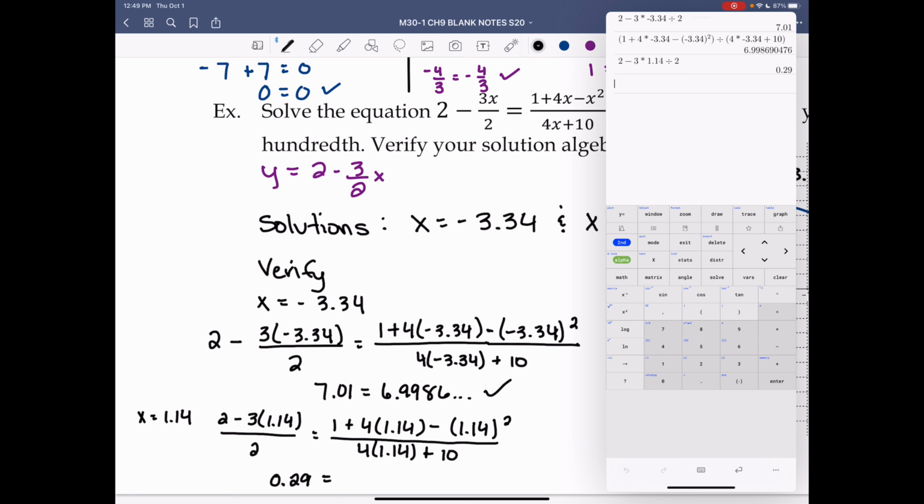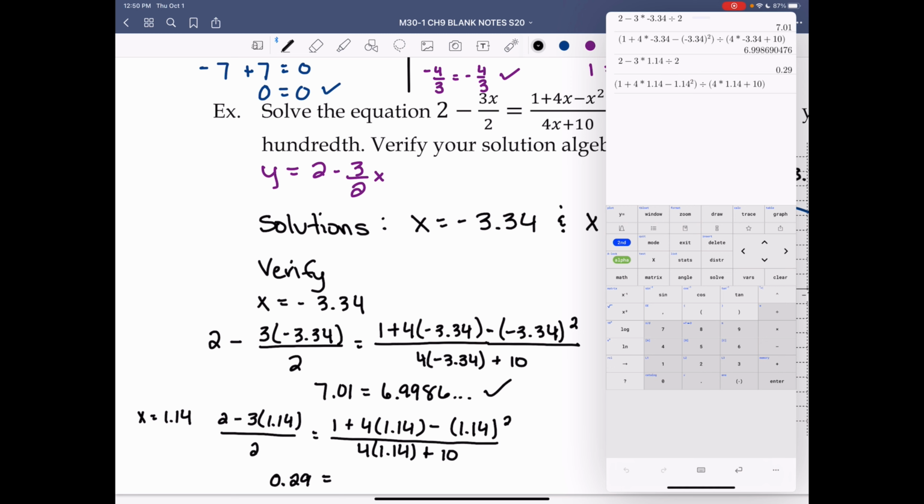And the right side, 1 plus 4 times 1.14 minus 1.14 squared. I need brackets around all of that, so I'm going to go backwards. Open bracket and then close bracket after. Divide, open bracket for my denominator, 4 times 1.14 plus 10.